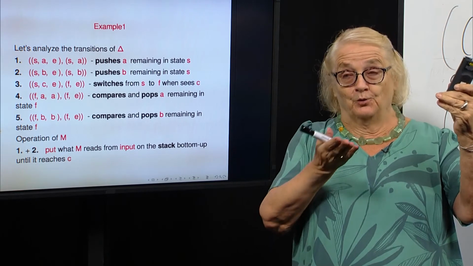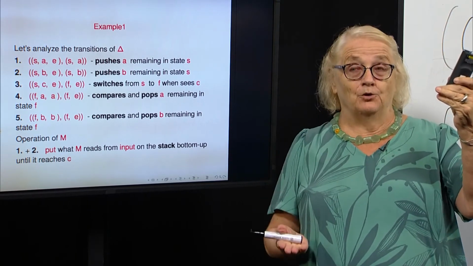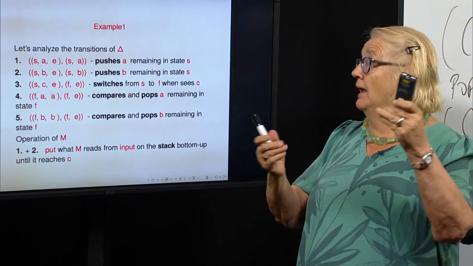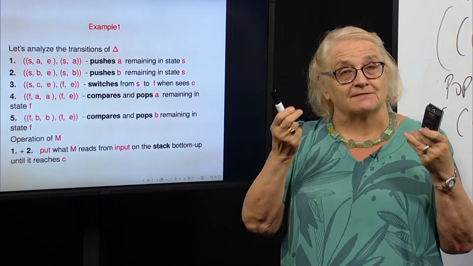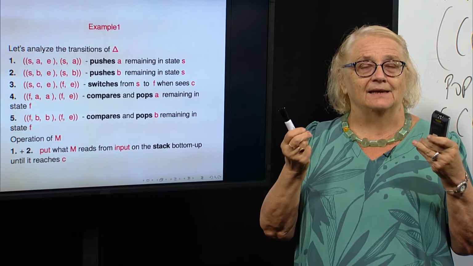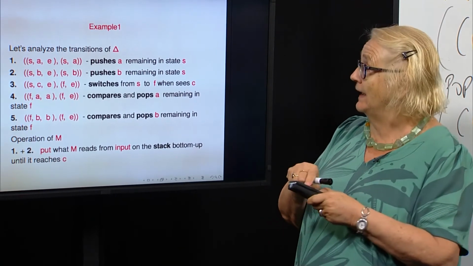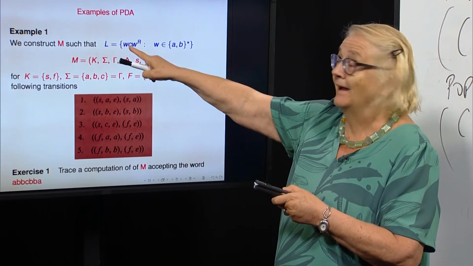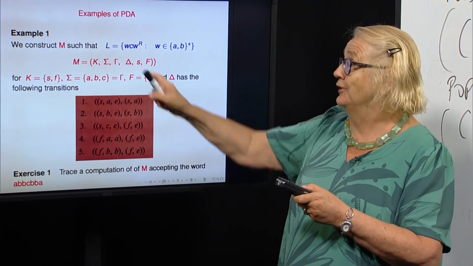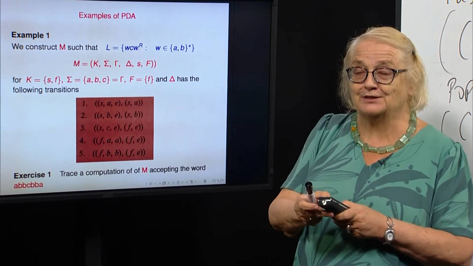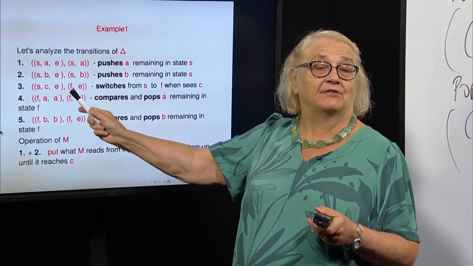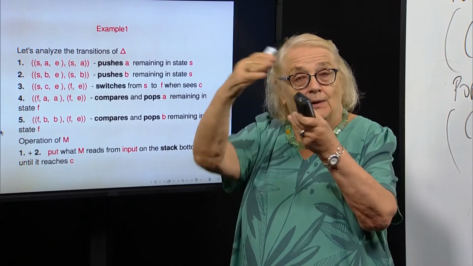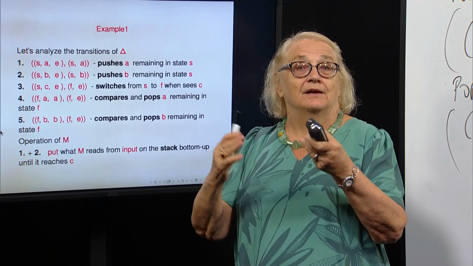So you read W, you build your stack, and now if you see this C in the middle, I want to compare what's left. So I switch to the final state, and now I do only comparison.